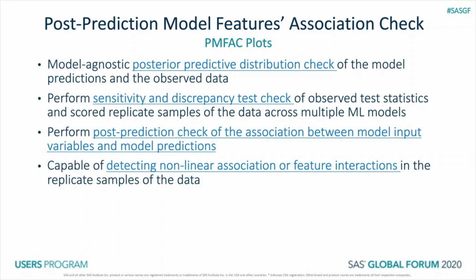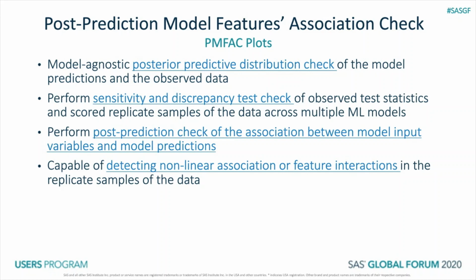The other set of plots that can be generated allow you to look at the sensitivity and to perform sensitivity and discrepancy test check of the test statistics generated from the training sample in comparison with the same set of statistics generated from the scored replicate samples of the training data. And we can do this to compare multiple machine learning models to decide which one we want to use in the real world.